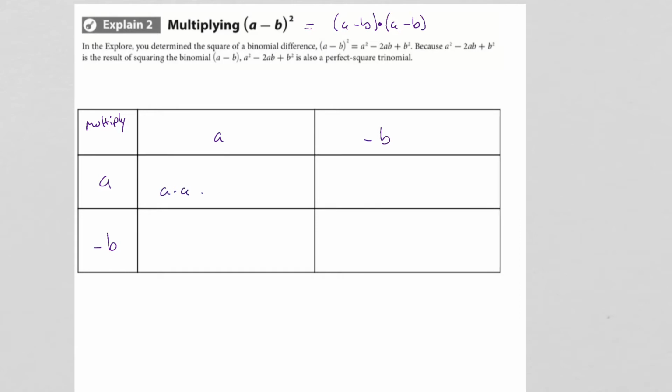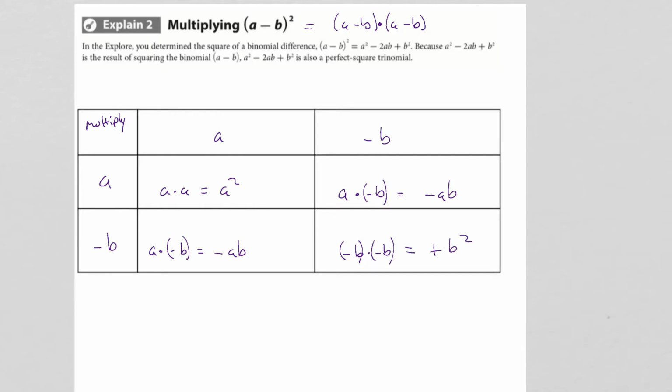Well, a times a is a squared. a times a negative b, negative ab. a times a negative b, negative ab. And then negative b times a negative b, positive b squared.